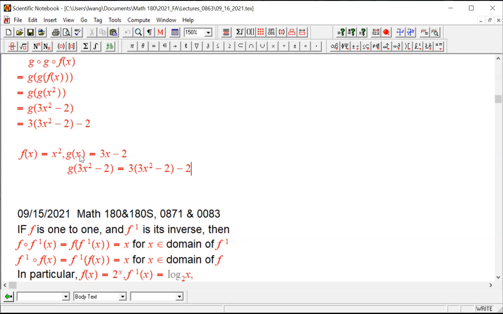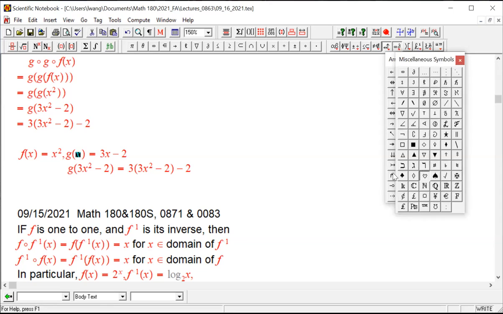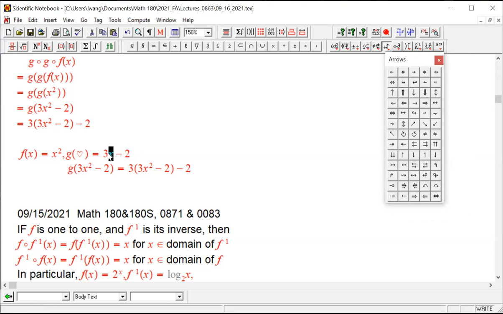You need to view X as a placeholder. So let's make it a placeholder instead of being confused. When the heart is replaced by X, that's X. When X is replaced by heart, that's replaced by heart.